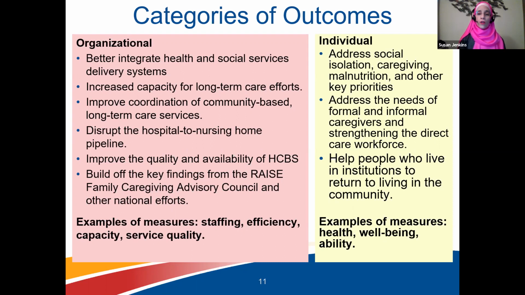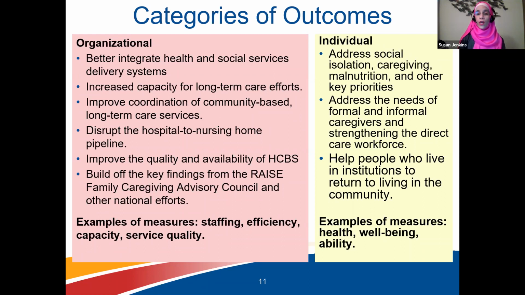The other category of outcomes that you should consider measuring are the organizational outcomes, because the state plan guidance and the topical areas that are listed under the various categories also talk a lot about improving the service networks, improving service delivery. So for example, better integrating health and social service delivery systems.